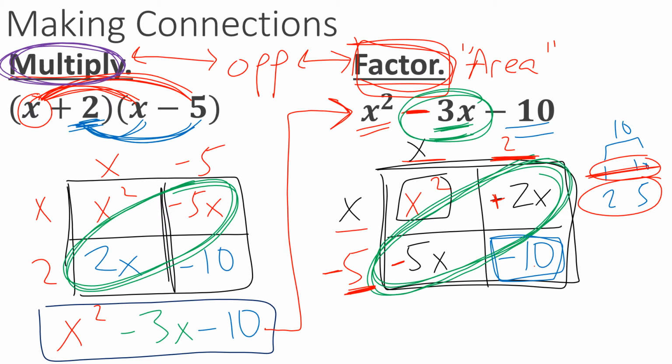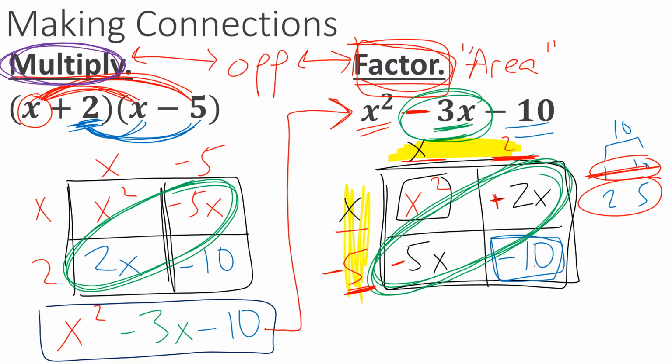And so what I've just found are the two sides. These two sides are my answer. Those are the two factors. So when I'm factoring, it's the outside of the rectangle area model that are my answers.